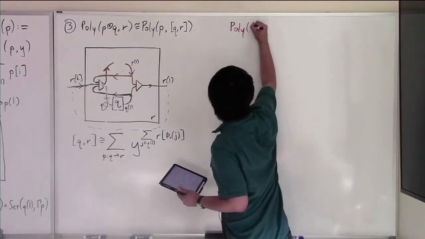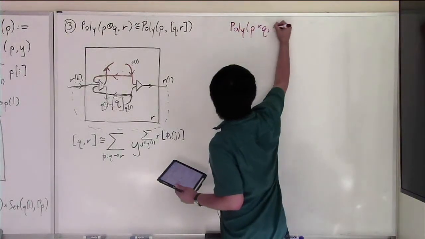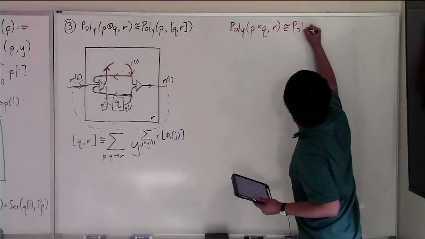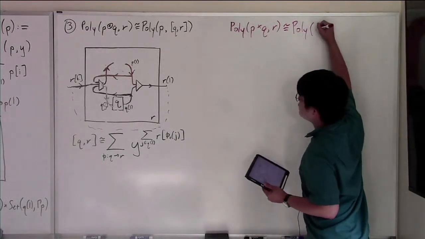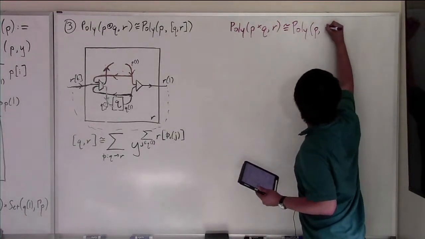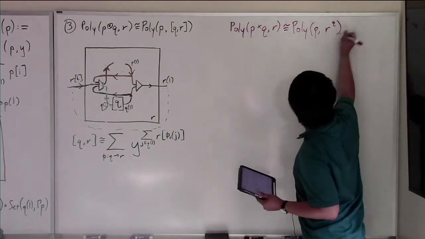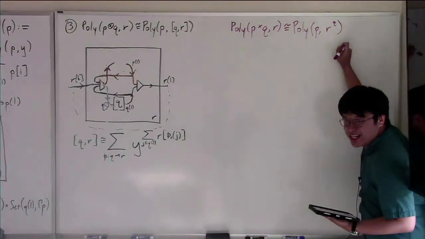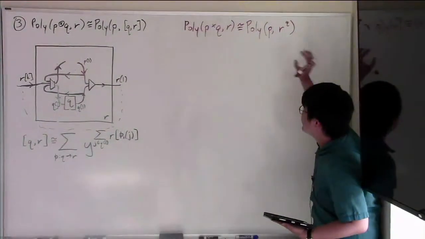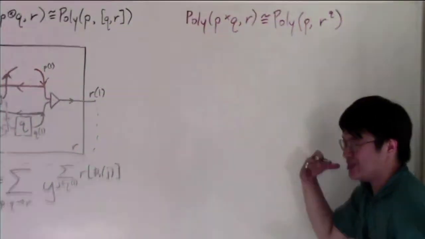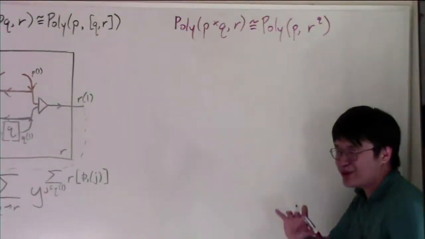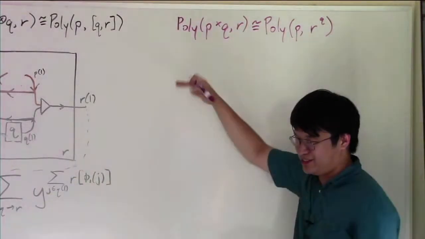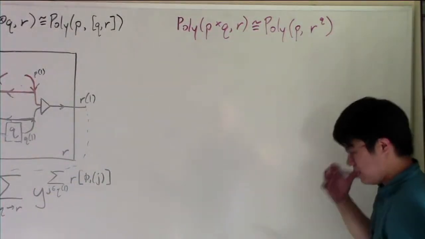And so I claim that there is also some construction on Q and R that gives a natural isomorphism like this. And we're using this exponentiation notation, but this will very much not be what you expect a polynomial raised to a polynomial to be, but we're just using this as the notation for Cartesian closure for now.